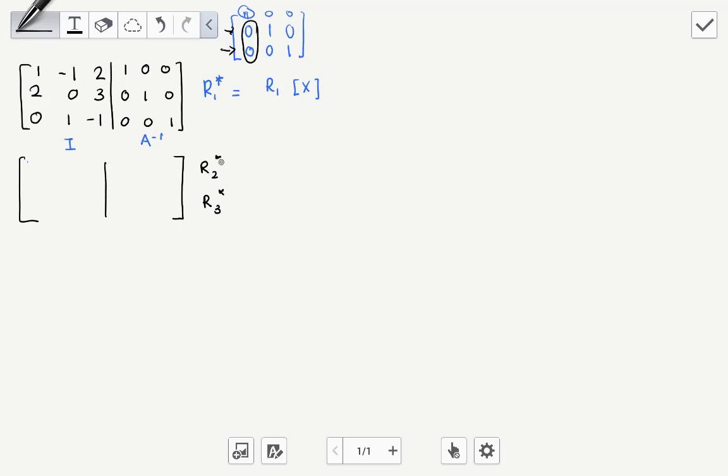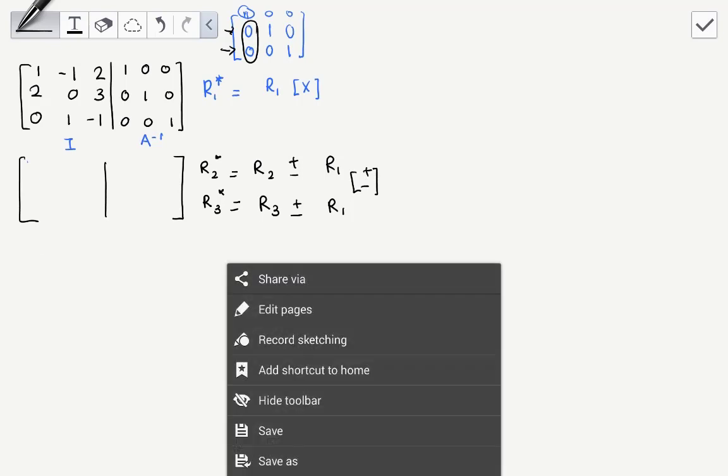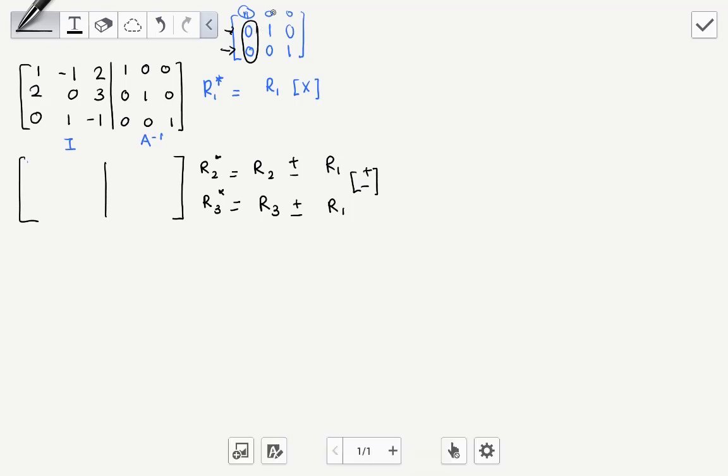For us to change row 2 and row 3, we are going to use addition or subtraction, and our operation will be on row 1. Okay, remember students, the operation involved here is addition or subtraction. Okay, so once we are done with this, we have finished column 1.